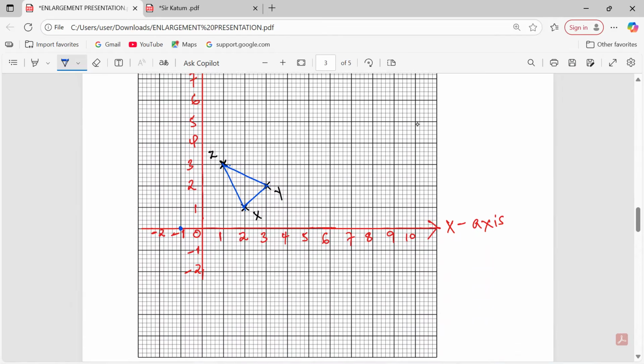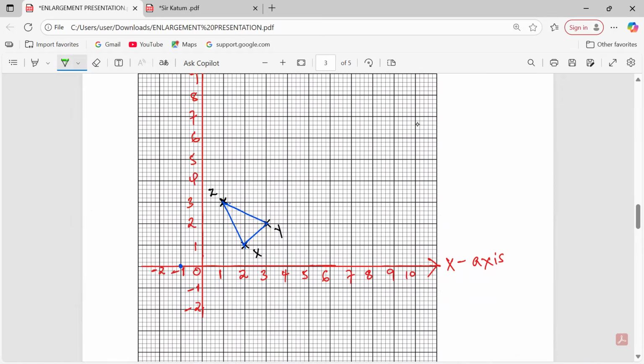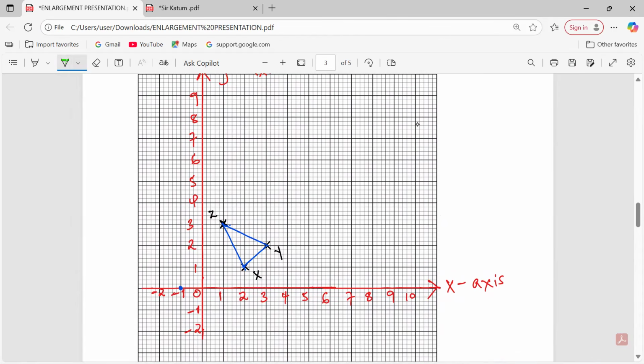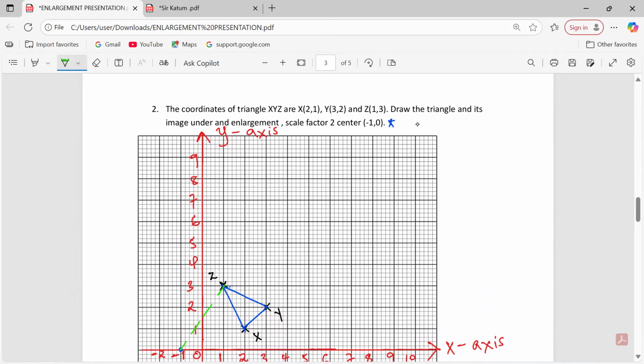I connect a coordinate to the center of enlargement. For example, I can connect Z to the center of enlargement. Then now I consider the scale factor. Then I get back to the scale factor. It's a +2.